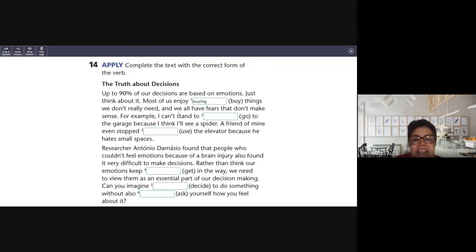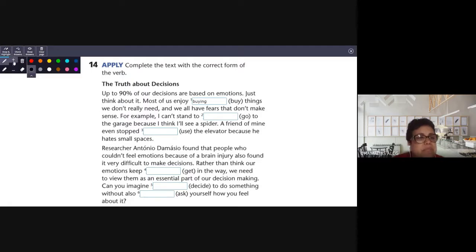So let's correct, people. Okay. So I think I saw a mistake here, maybe a typo from the book, because the first verb that comes before the gap is can't stand. And after can't stand, we don't use the infinitive, right?